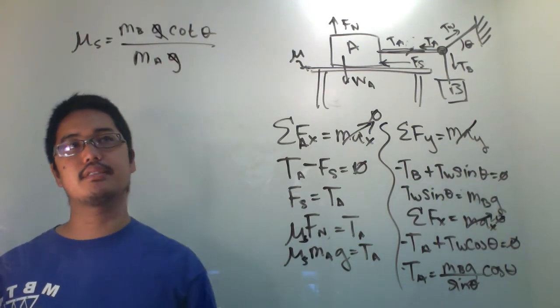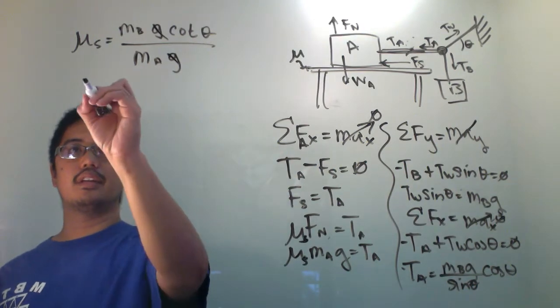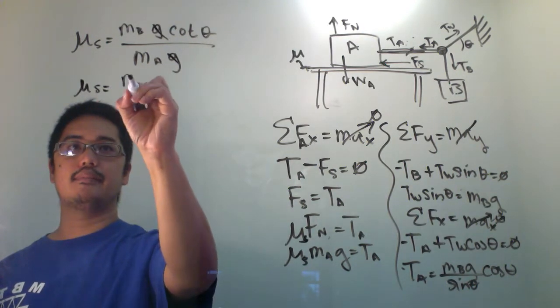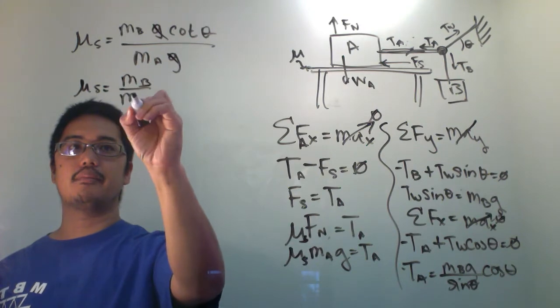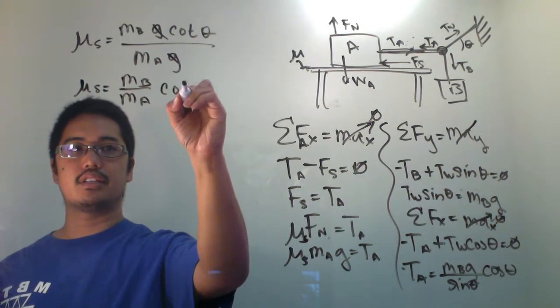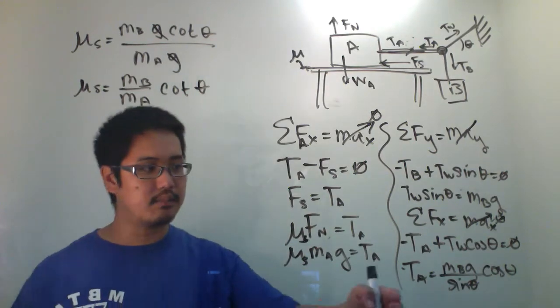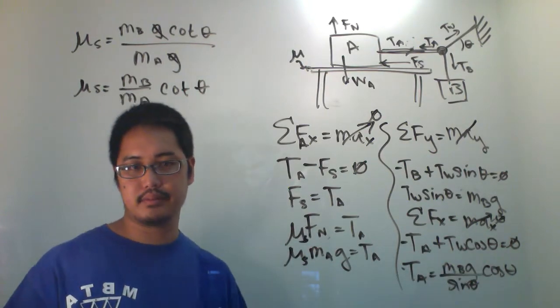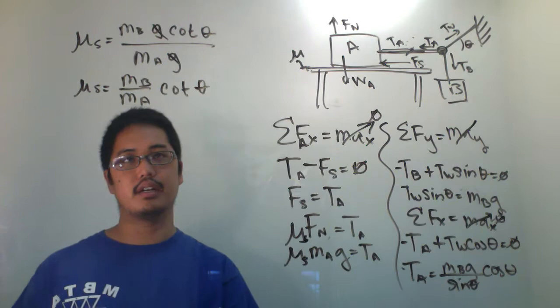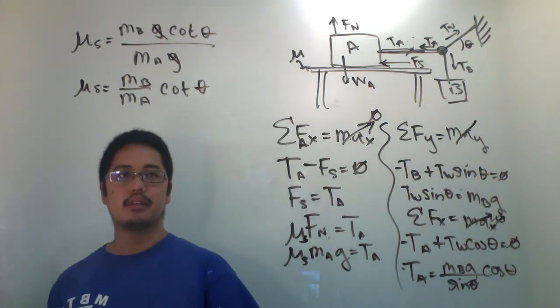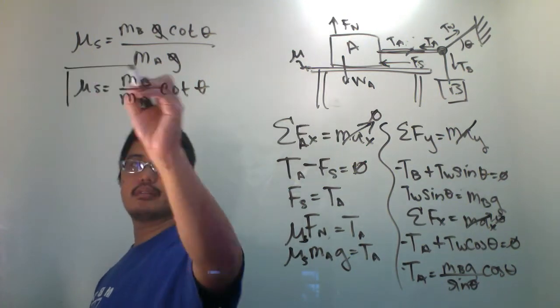The gravity cancels. So really I have mu s equals MB over MA cotangent theta. By the way, cotangent theta is the same as cosine of theta over sine theta. That's just a trig identity, right? So that's my answer.